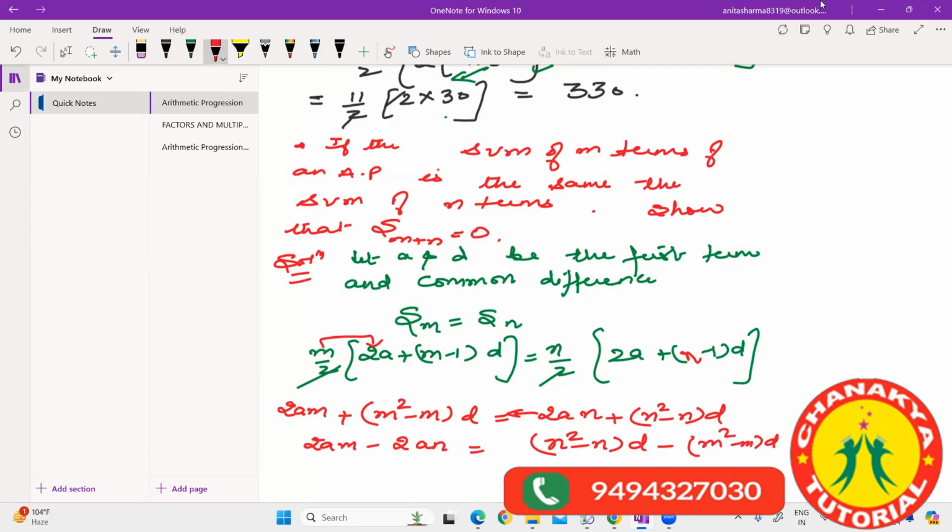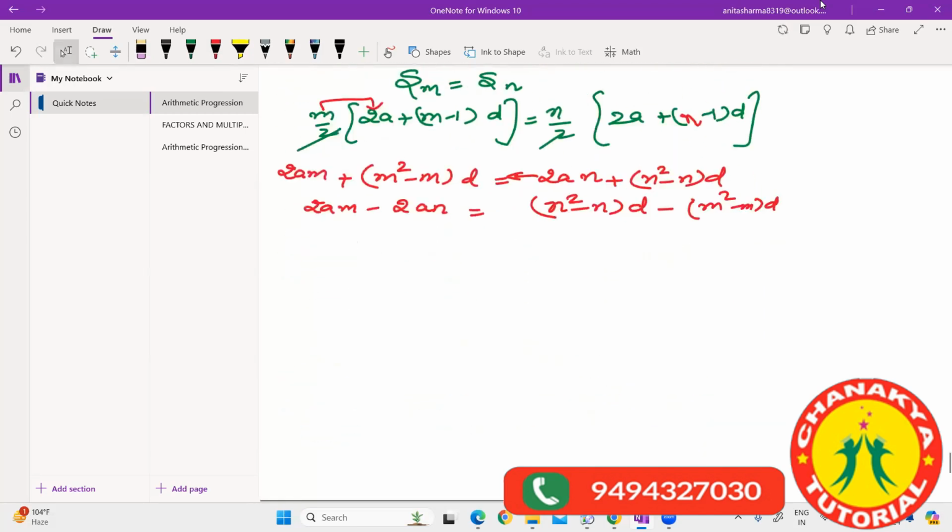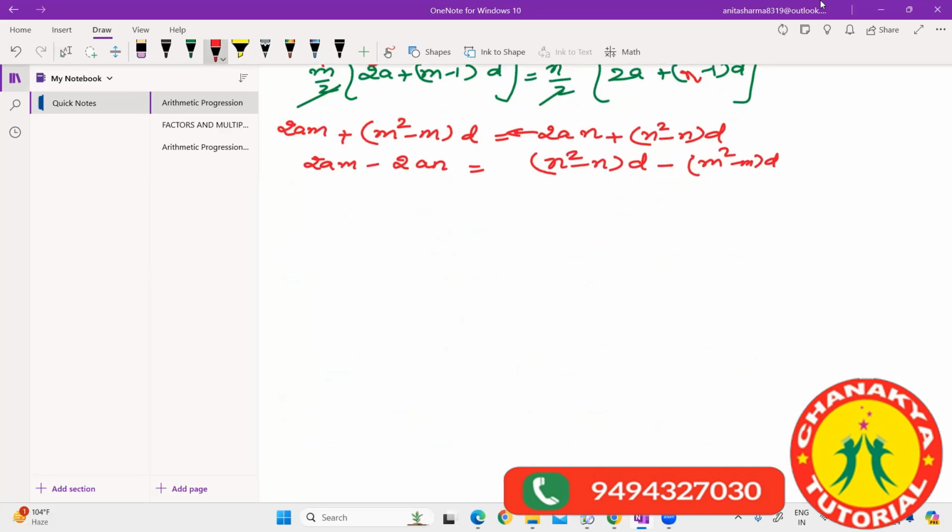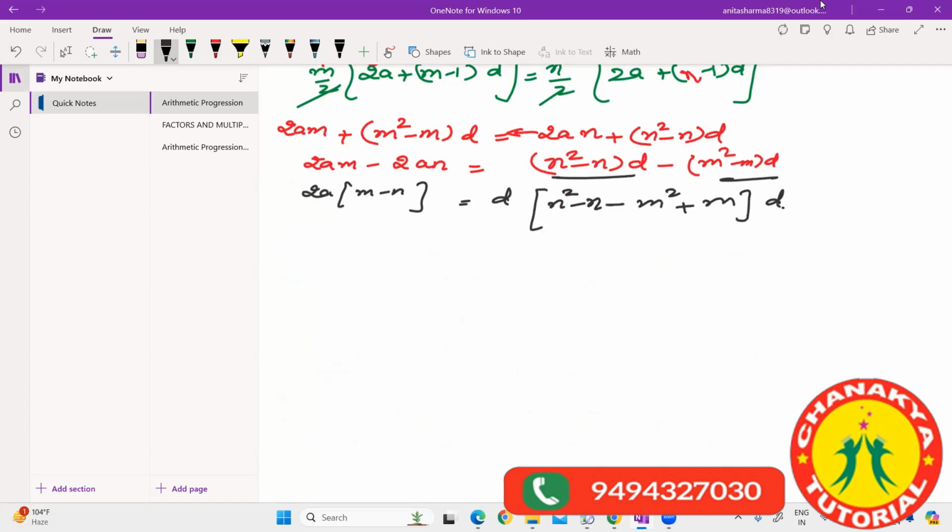Right, children? Now you can take 2a common, then m minus n will be there. And from these two terms, we can take d common. So 2a into m minus n is equal to d times the remaining bracket.